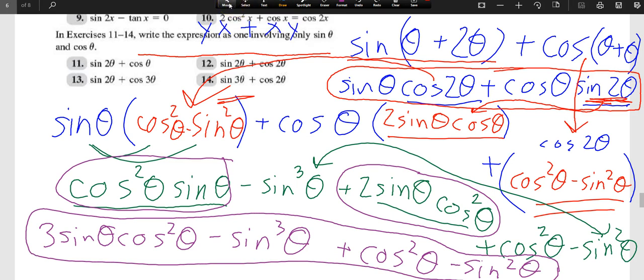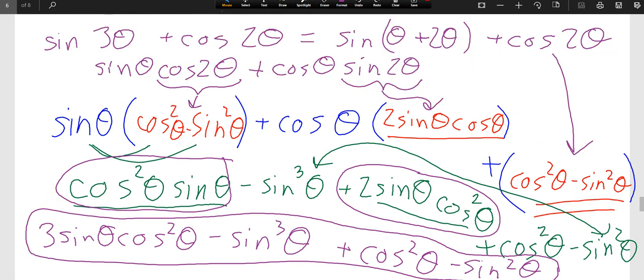Okay, so for those of you that care about question 14, there's the corrected version. The first part of this proof, I redid the top part of it so it looked a lot nicer, because from start to finish it should say sine 3 theta plus cosine 2 theta, and I split the 3 theta up into theta plus 2 theta.